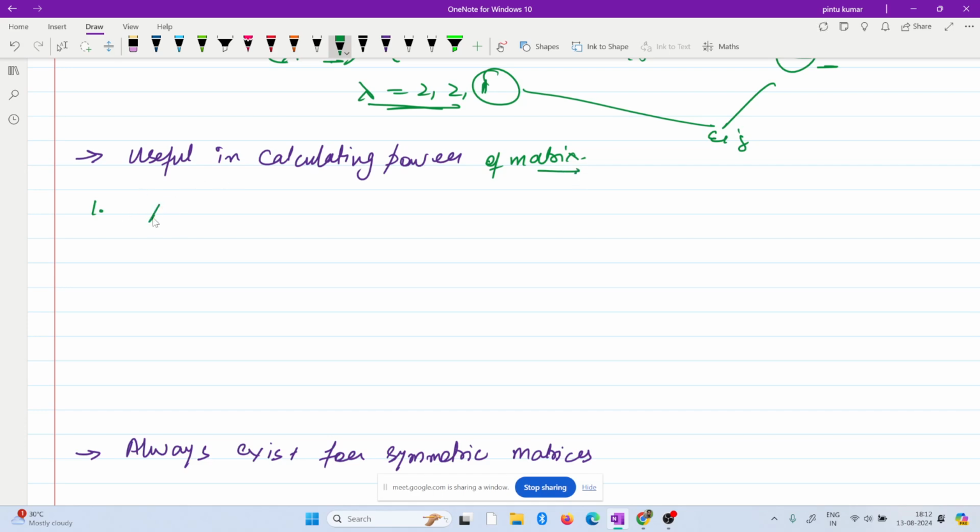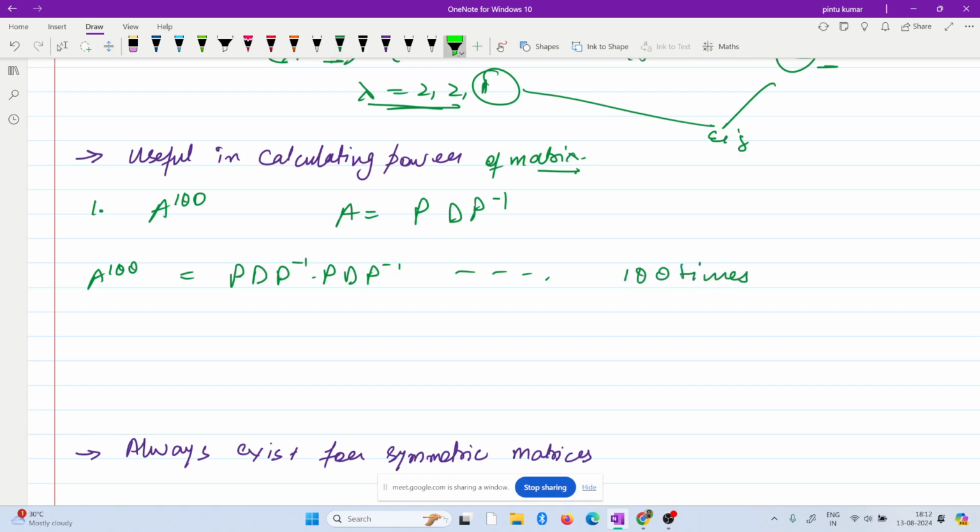For example, let's say you have to calculate A to the power 100, and if you are able to write A in the form PDP inverse, then A to the power 100 is nothing but PDP inverse multiplied by PDP inverse 100 times, right? So this P and P inverse will lead to identity, and the whole expression will reduce to P D to the power 100 P inverse.